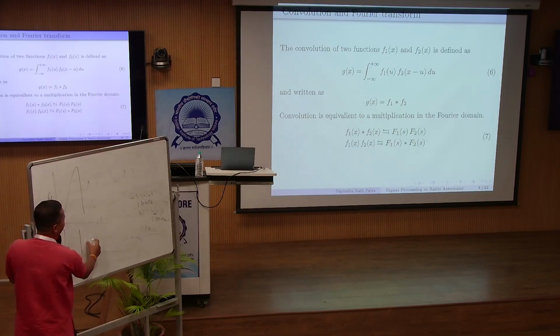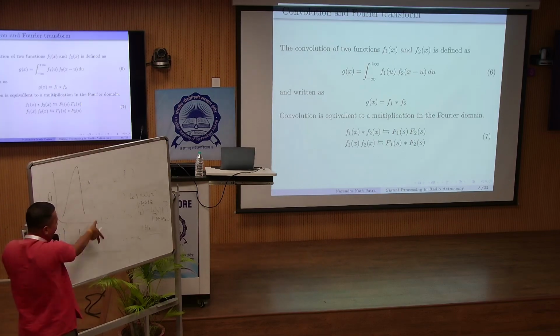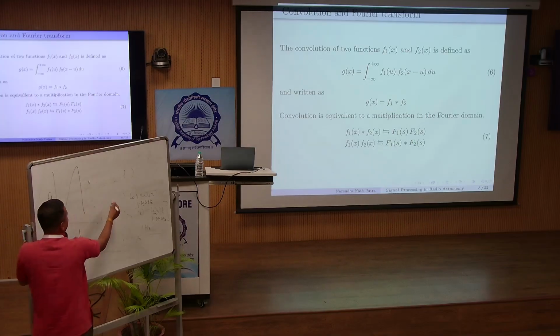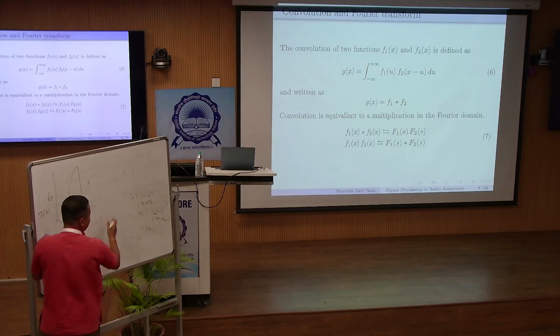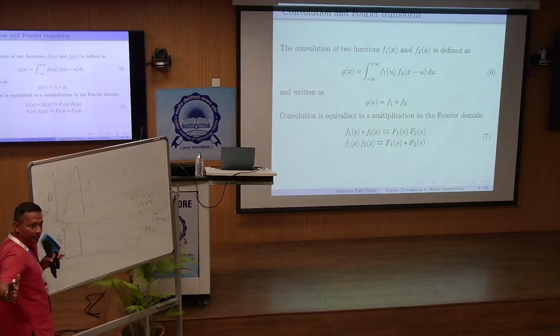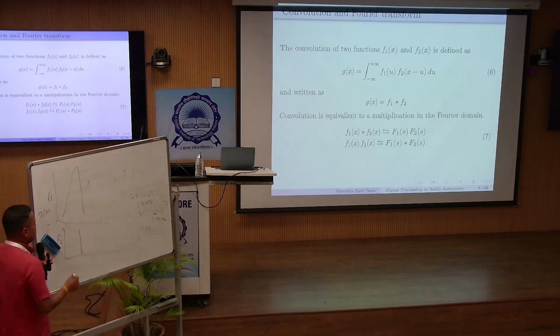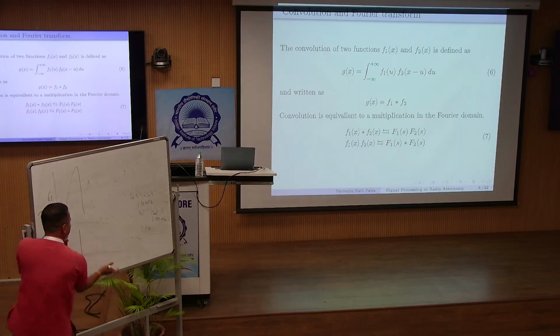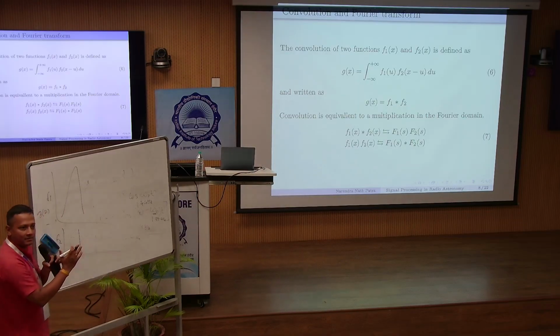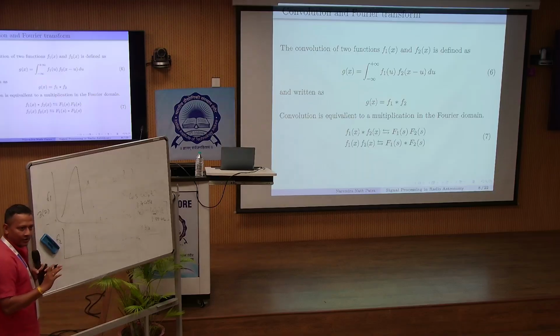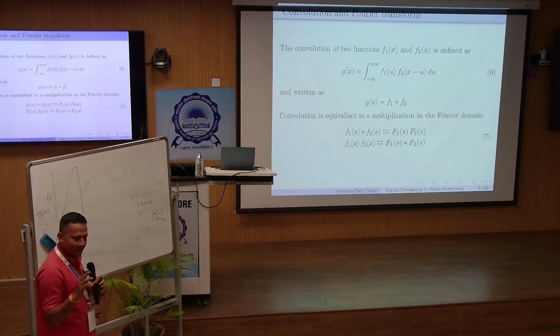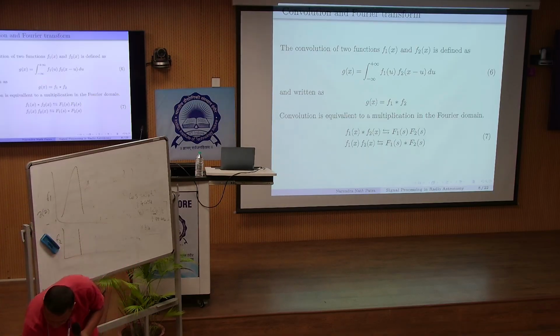So I will shift this by 2, multiply these two, and sum, integrate the whole thing. Integrate means from minus infinity to infinity, right? If I have to calculate g of 3, I shift this function by 3, multiply, add, correct? You are getting my point, right? I will give you one example, you will understand.